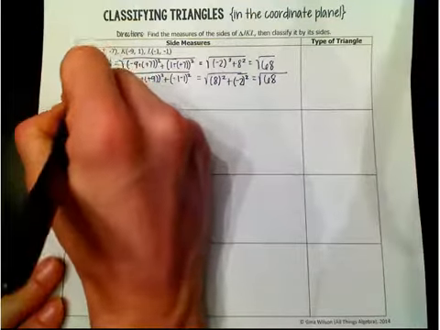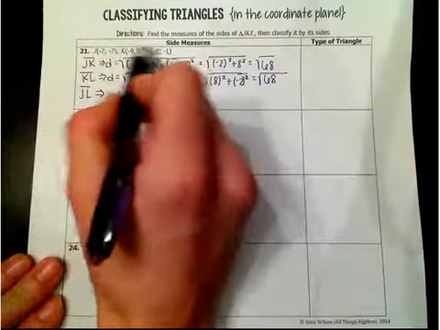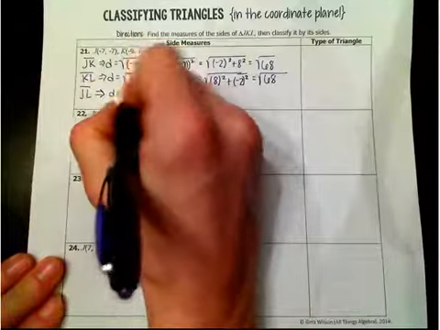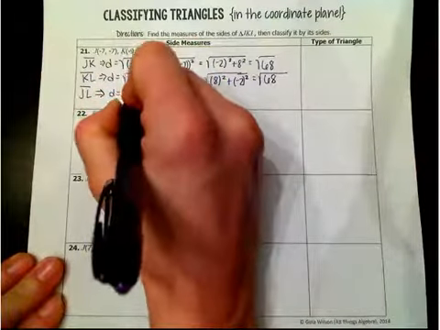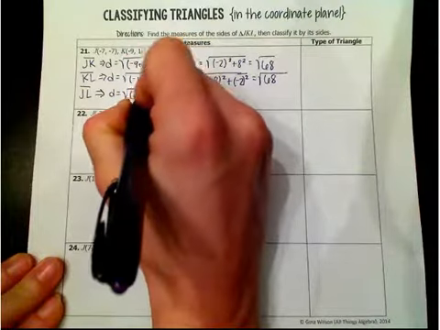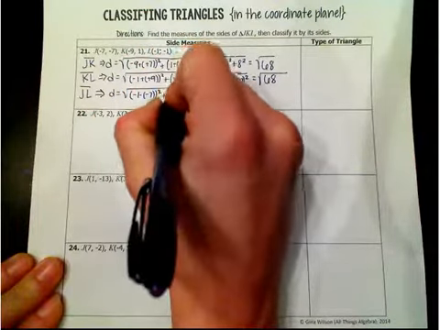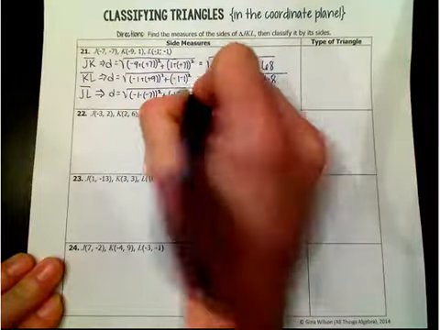Okay, the last side that I need to check is side JL. Those are the only 2 points, or combination of 2 points, that I haven't used. So the distance here is the square root of -1 minus -7 squared plus -1 minus -7 squared.